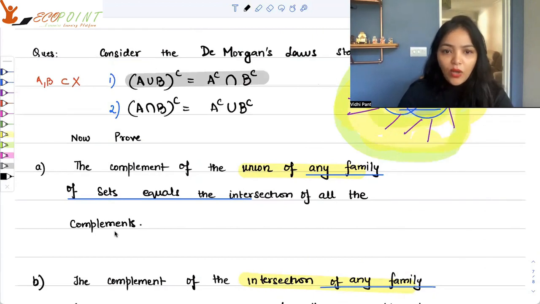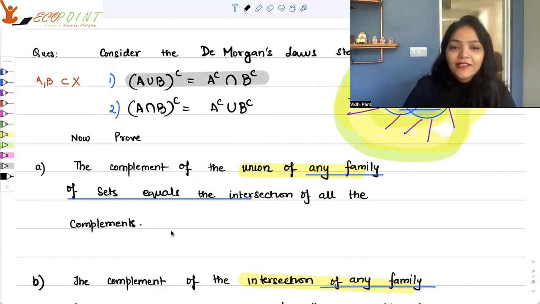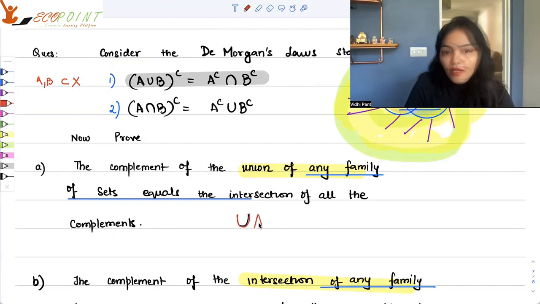Part A means the complement of the union of any family of sets equals the intersection of all complements. So it basically means that you take the union of A_i, i belongs to capital I, and you take the complement of it.